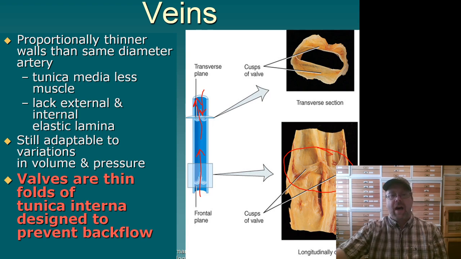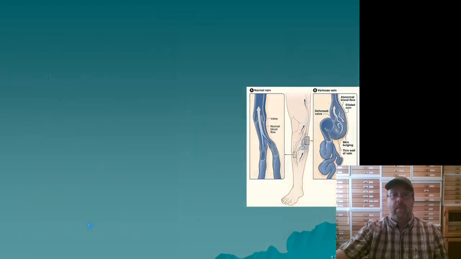It says the valves are thin folds of the tunica interna that prevent the backflow of blood. Remember, blood in our circulatory system needs to go in one direction. So it's a one-way route through our body, and these valves help with that.